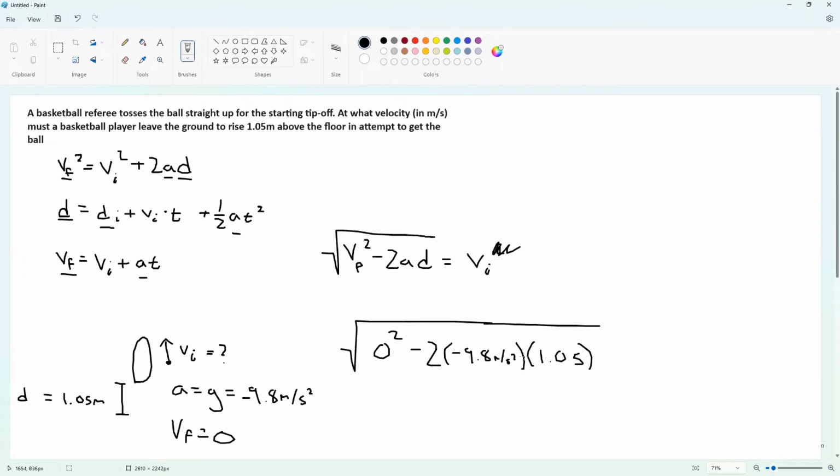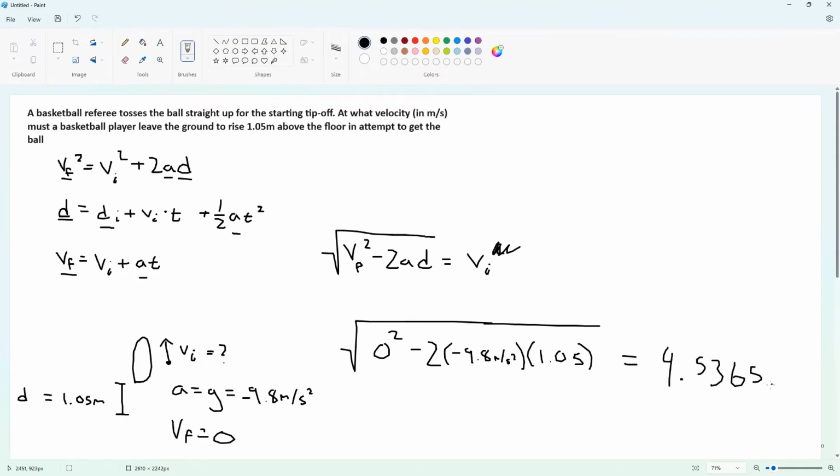And this makes sense, because this is the distance that is covered while accelerating or decelerating, in our case. This is the distance that is covered while we're decelerating. So this is going to be equal to 4.5365 and so on.